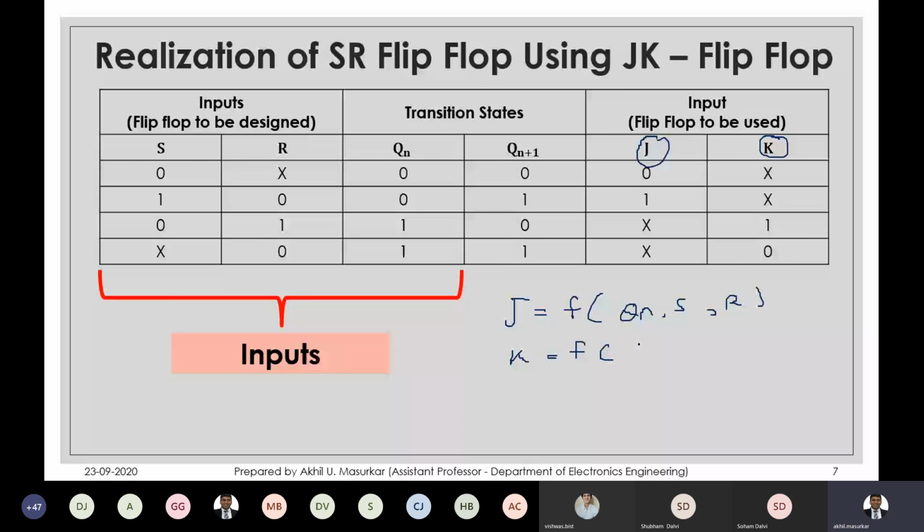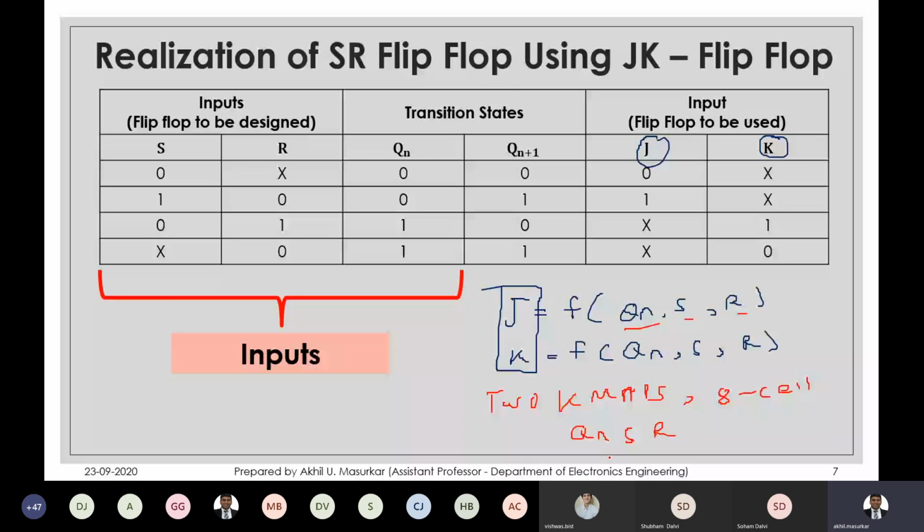There are three variables, so 8 cell K map, and the functions will be in terms of Qn, S and R. Now I am going to design an SR flip flop using a JK flip flop.